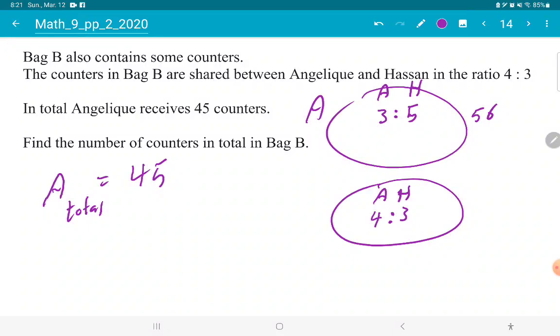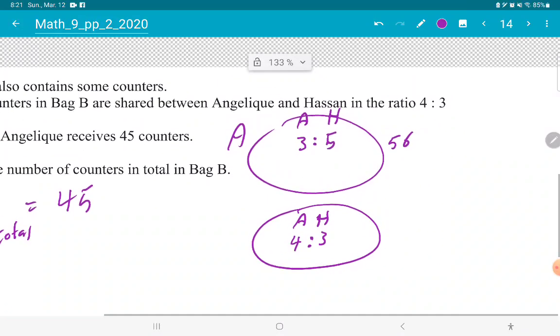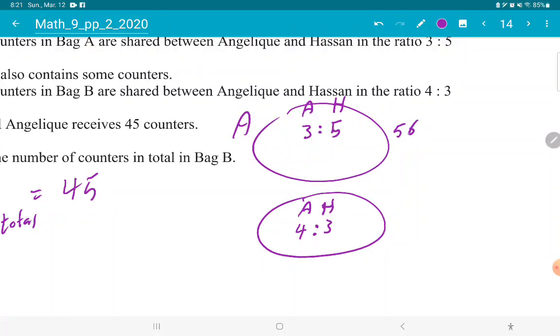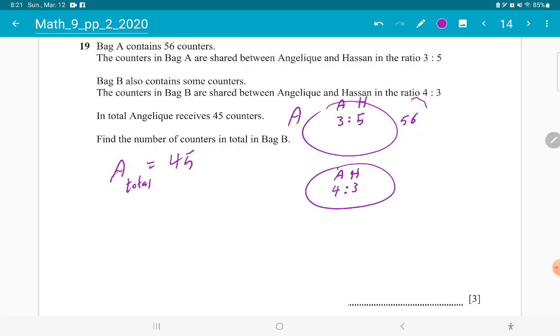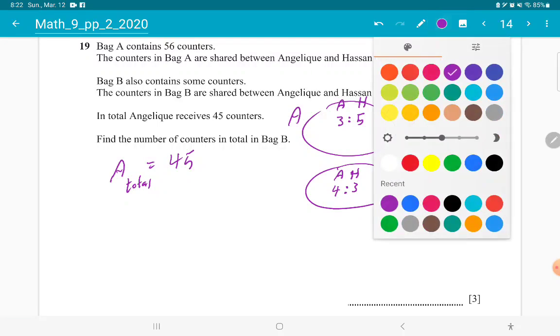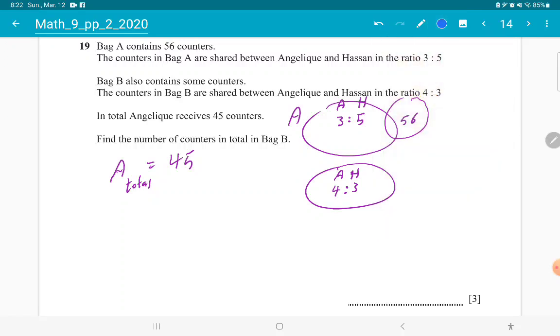Okay. How to get that? Let's see who gets the 45. Angie. So let's see how much of this 56 Angie gets. 3 and 5, that's 8. 56 divided by 8 gives 7.